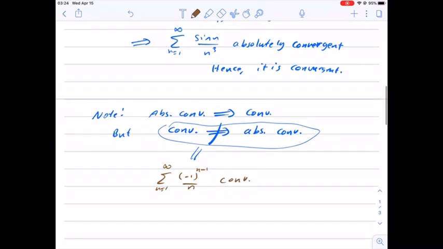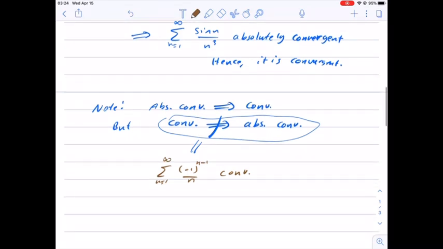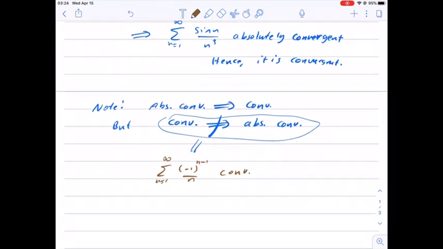This is convergent because if you look at this series, this is an alternating series. So for alternating series, you can check that this series is convergent.